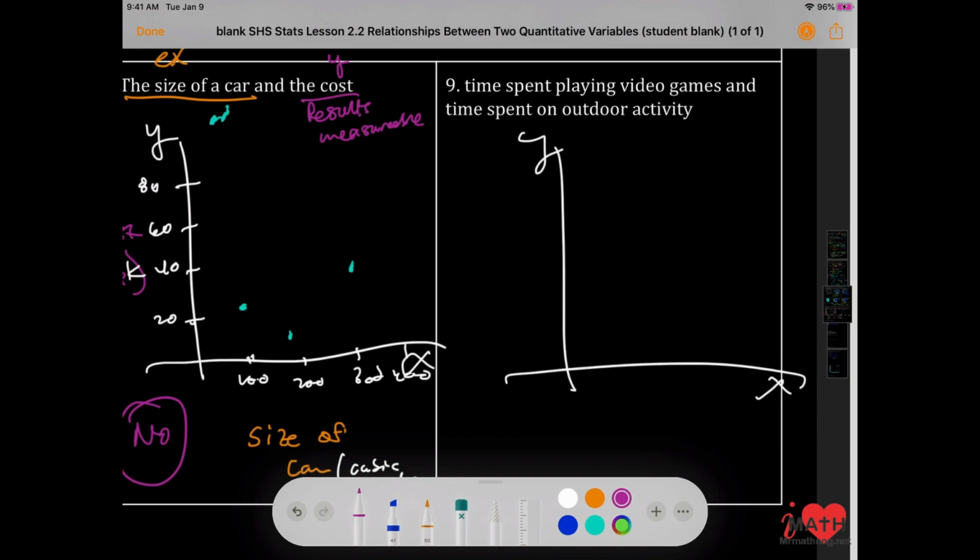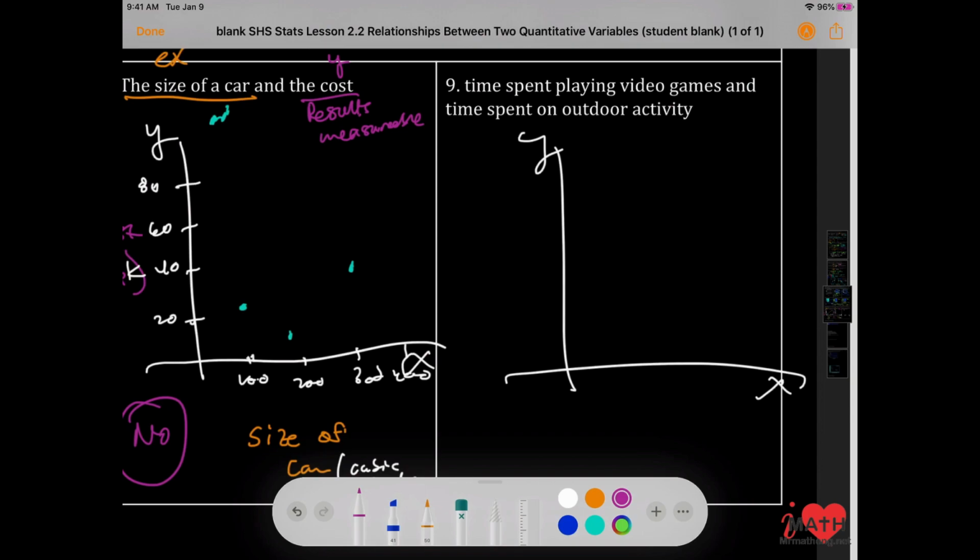All right, time spent playing video games and then time spent on outdoor activities. Time spent playing video games, and this one is actually interchangeable, right? If I spend time outside, well, you have to think about it in context that usually you want your video games inside because you don't want the sun hitting your plastic PS10, and you want your screen to be extra bright.